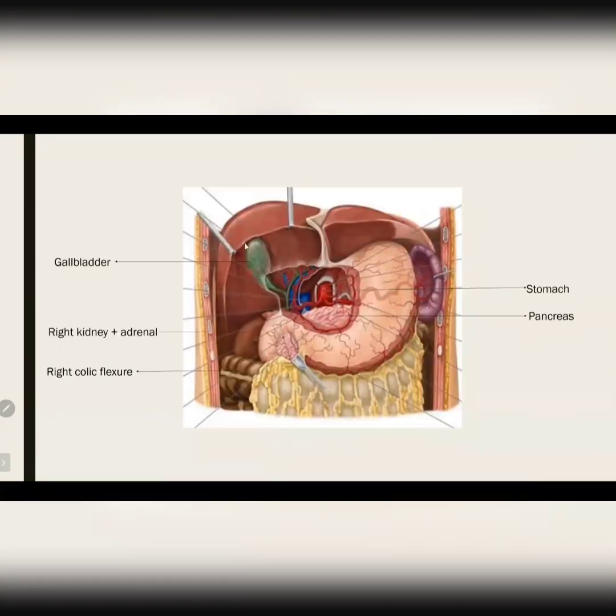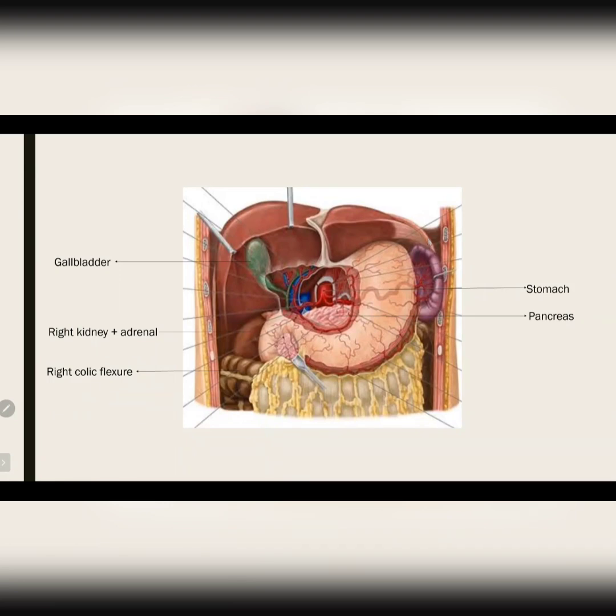When we are looking at the inferior surface, we are going to view the liver from the posterior aspect. Okay, this is the posterior view of the liver. So right now, I've shown you the anatomical position of the other intra-abdominal organs.